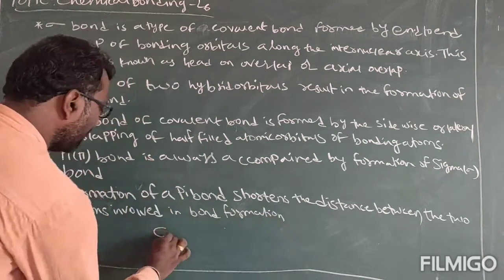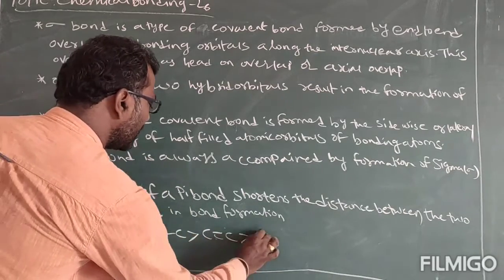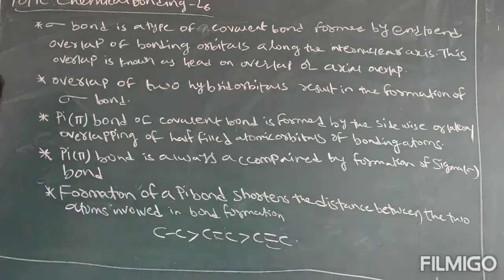So that is why C-C is greater than C=C, which is greater than C≡C in bond length. Okay, so these are the important points.